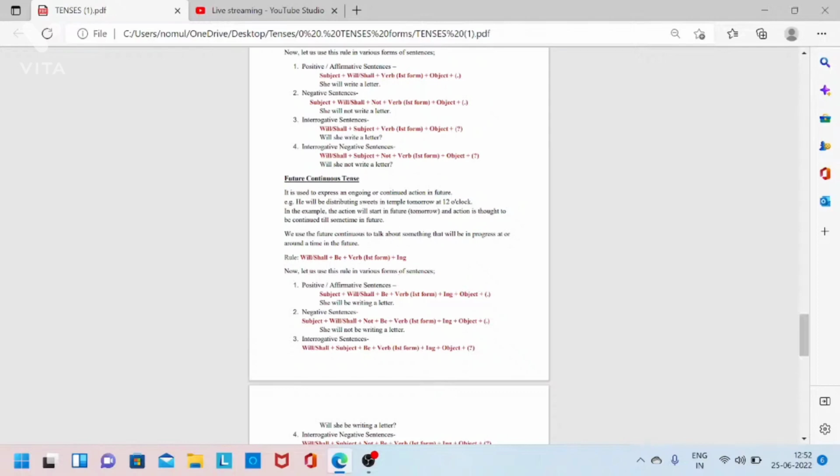In this example, the action will start in the future, as it is tomorrow, and the action is to be continued till some time in the future. So the action is going to happen.